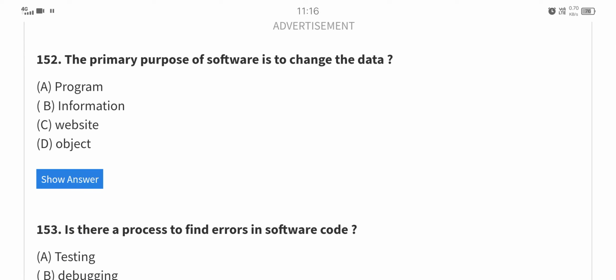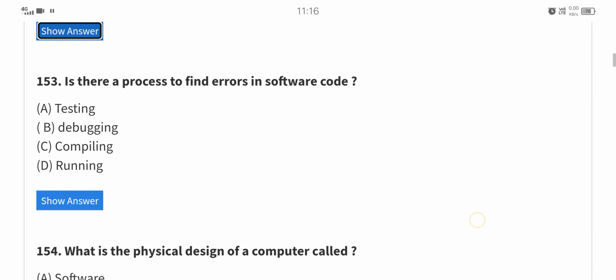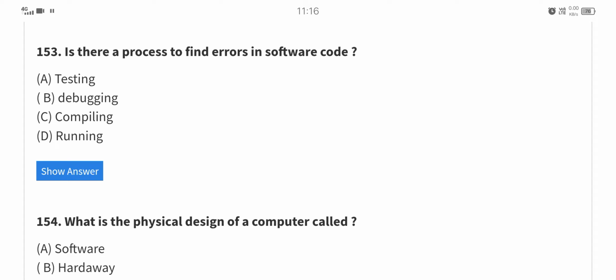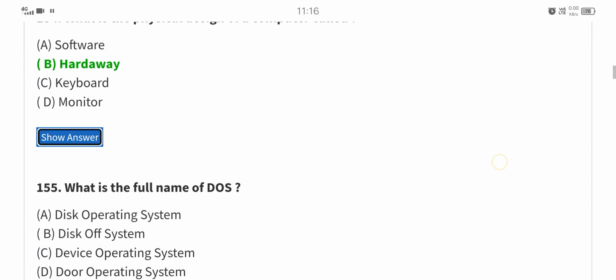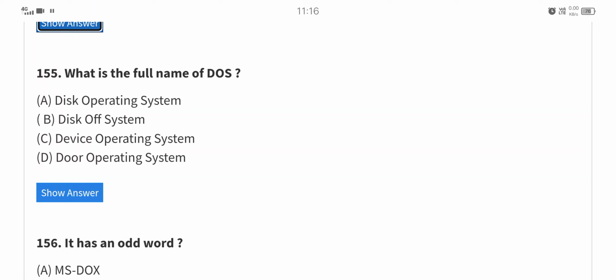The primary purpose of software is to change data into information. What is the process to find errors in software code? Debugging. What is the physical design of a computer called? Hardware. What is the full name of DOS?